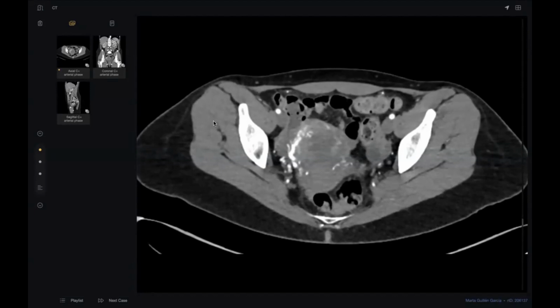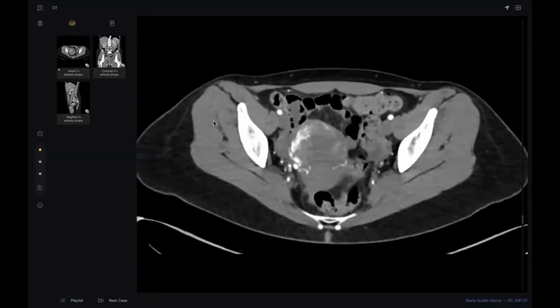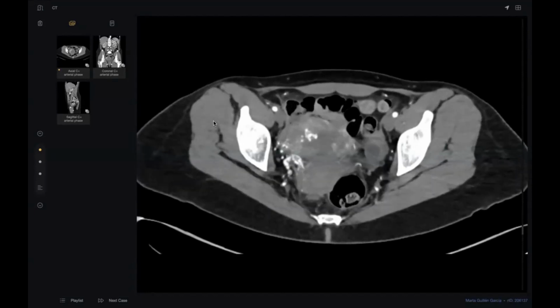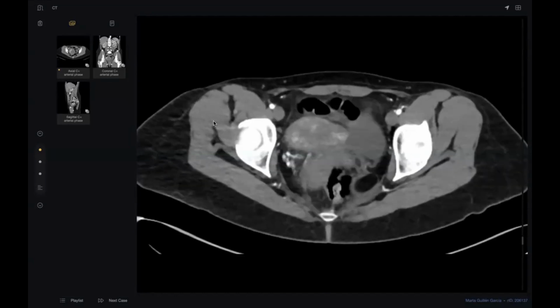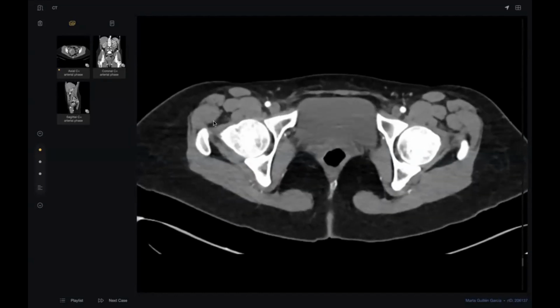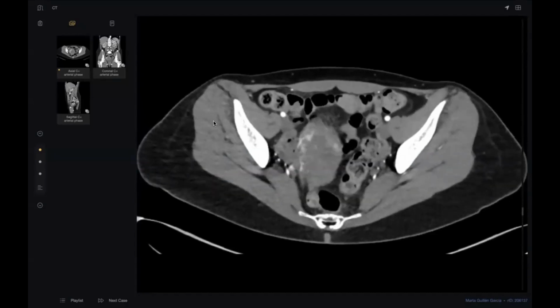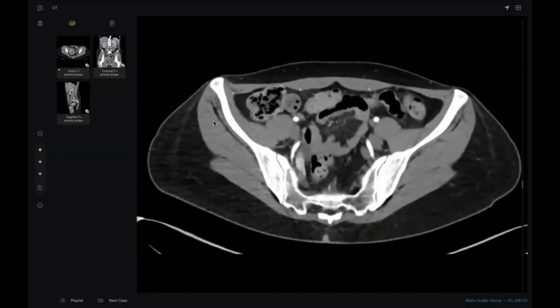Can you scroll to see the others? The contour is not clearly visualized to exclude any signs of rupture. Lung window or scrolling, please. Distended urinary bladder, the bowel looks normal.